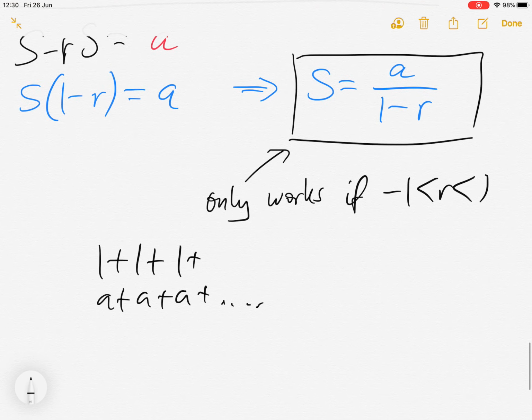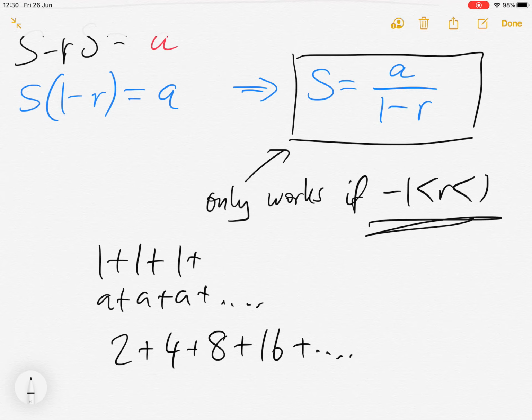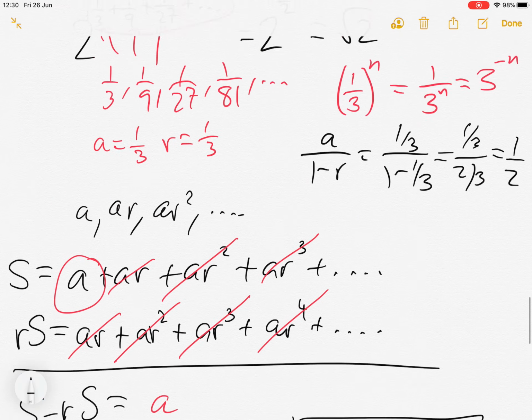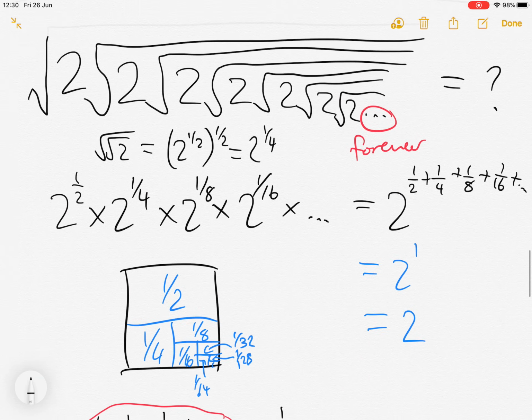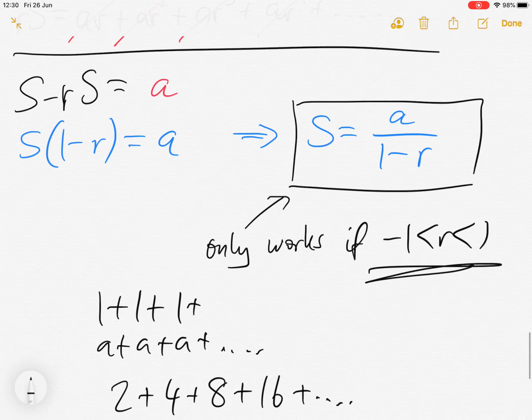And similarly, if r is something like 2 and you have a sequence like this, obviously you can't say it's equal to some finite number, it's infinite. So it only works for these values of r. But anyway, I hope this was interesting. And I think we'll stop there.